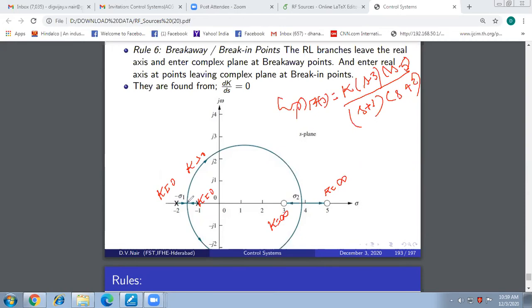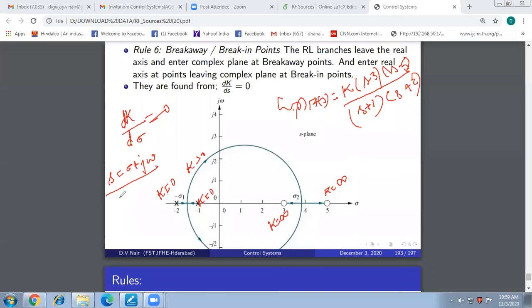Further increase in k beyond this value, the root locus will become complex. But the maximum value of k for which root locus is just on the brink of leaving real axis can be found out, strictly speaking, by dk by d sigma equal to 0, where sigma is the real part of your s plane, right?